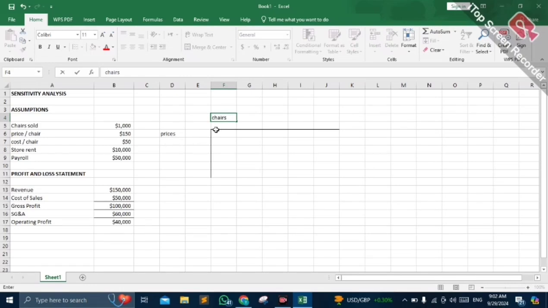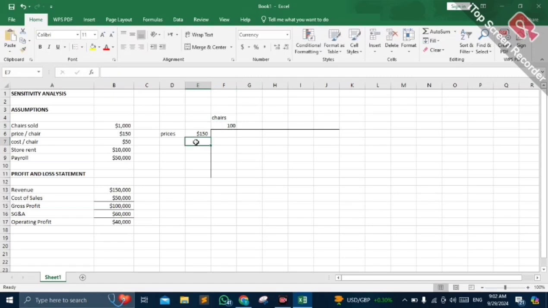For example, when our price per chair was $150, let's say we sold around 100 chairs.